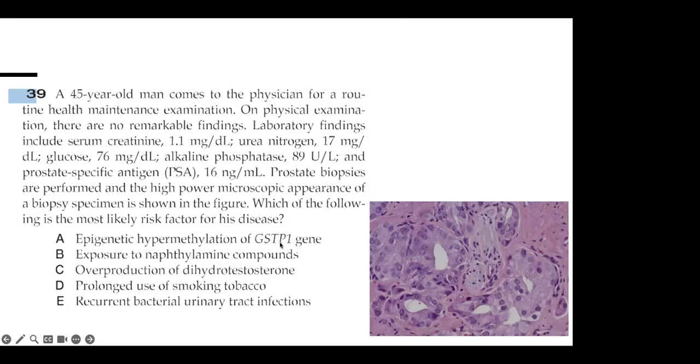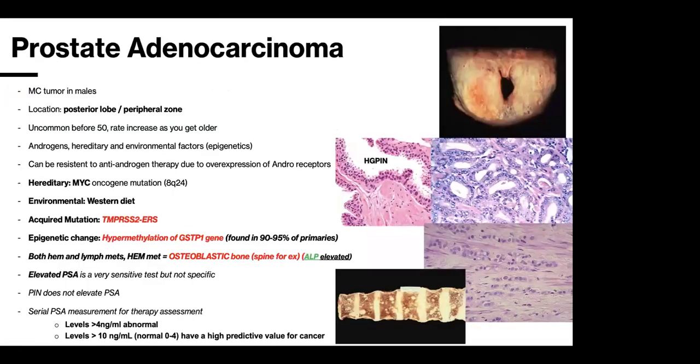It's epigenetic hypermethylation of the GSTP1 gene. Let's talk more about it. Prostate adenocarcinoma is the most common tumor in males, and it is located in the posterior or peripheral zone. So remember this: central zone, benign prostatic hyperplasia; peripheral zone, or the posterior lobe, is prostate adenocarcinoma. It is uncommon before the age of 50, and as you get older, in your 80s and whatnot, the rate increases a lot.